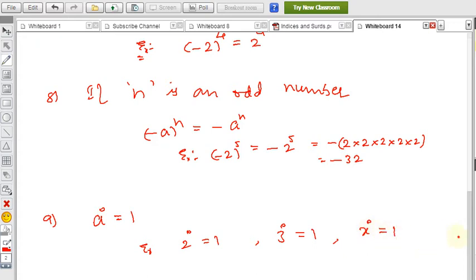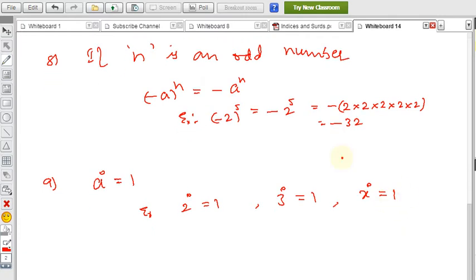So any number or any variable to the power 0, that value is 1, and a is non-zero. 0^0 is not 1, don't consider that here, because a is any number other than zero. Even negatives also: (-2)^0, the value is 1.